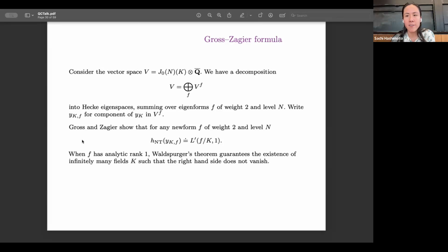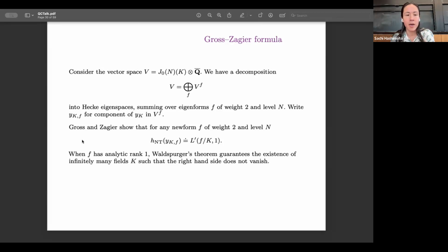So if you're looking for an interesting point on J_0(N), you want to find a point that has non-zero height. And now you know that this is proportional to this derivative of an L-function, so the special value of an L-function. On the right-hand side, you have this special arithmetic value equal to this height of a point.